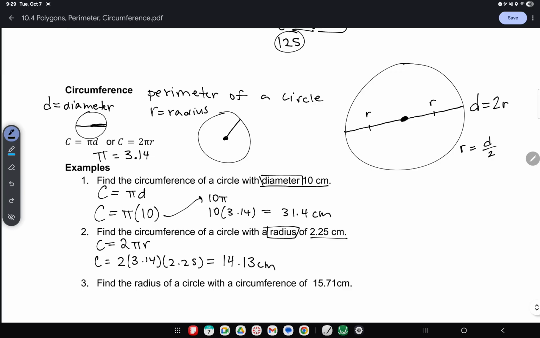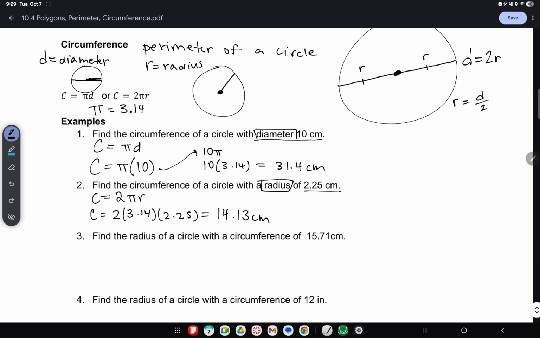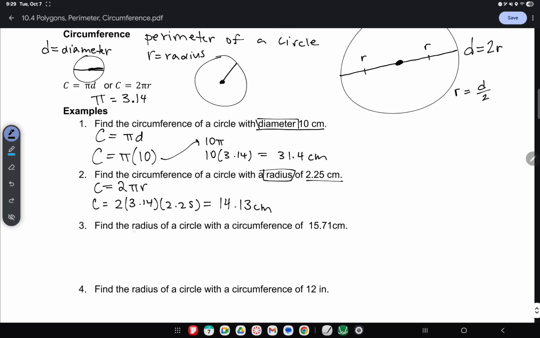We can work from a backwards perspective and say, oh, let's find the radius if we know the circumference. So, all right, let's use the circumference as 2 pi r and fill in what we know. So we know the circumference. I'm going to move over here so I have some more space.